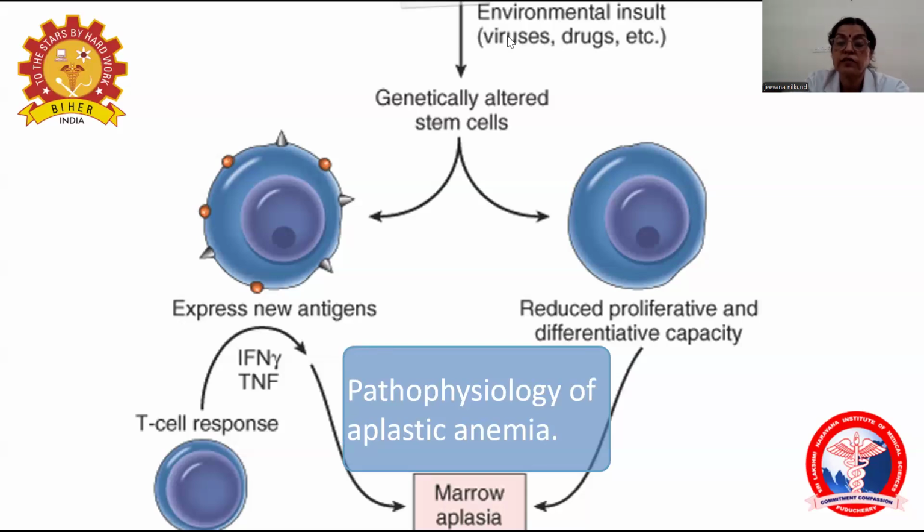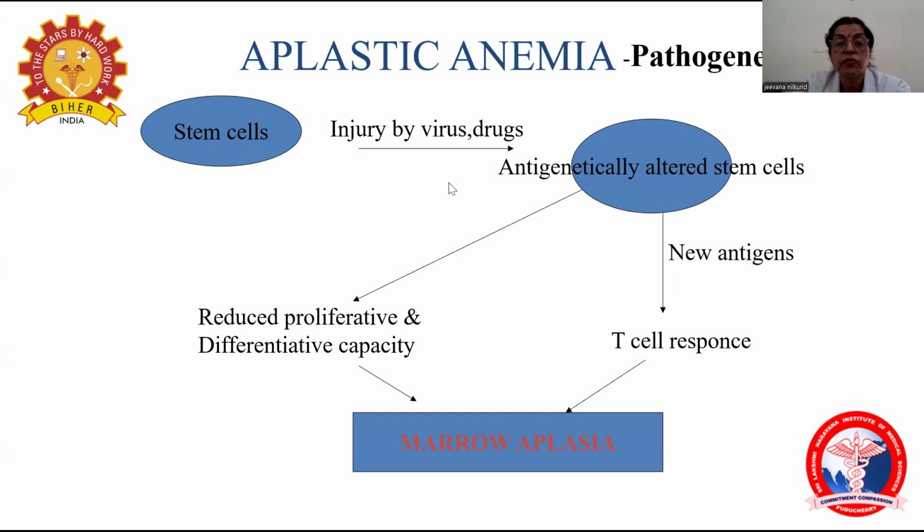So whatever the viruses, drugs, chemicals, etc., bring about a change in the stem cell, and they cause the reduction in the proliferative and differentiative capacity. So the stem cells are injured because of the virus, drugs, chemicals, etc. They become genetically altered.